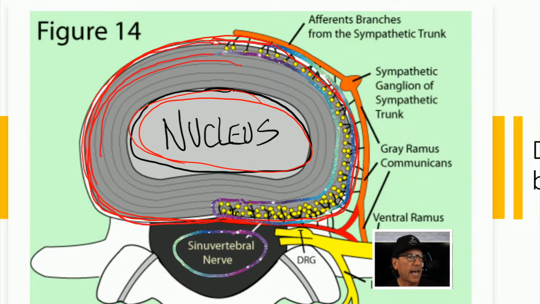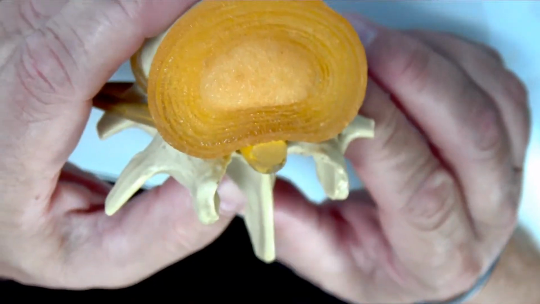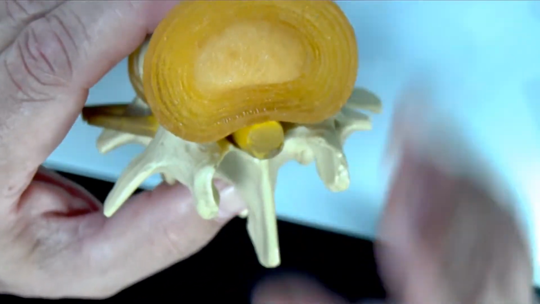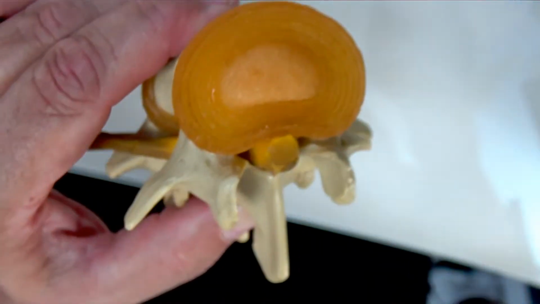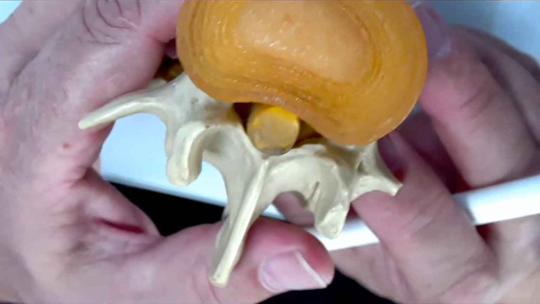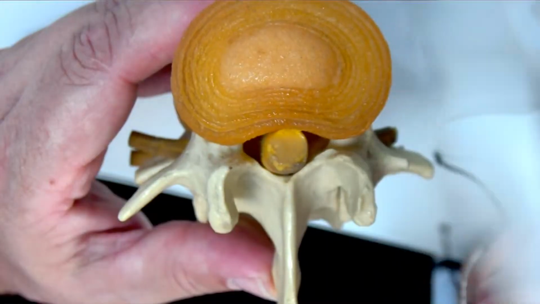So when we look at a model of our spine, I'll show it to you right now. Show you a close-up here if I can. Let's get this guy in focus. When you are looking at this, this is the inner jelly right here.